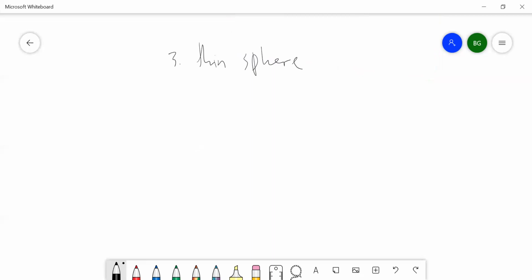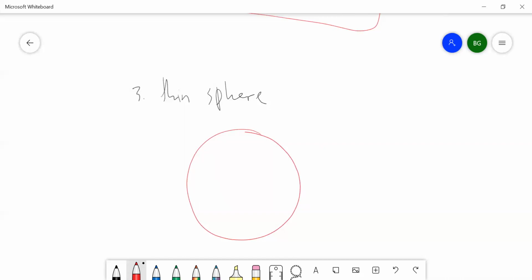So this is basically a sphere, but only the shell, without the inside.